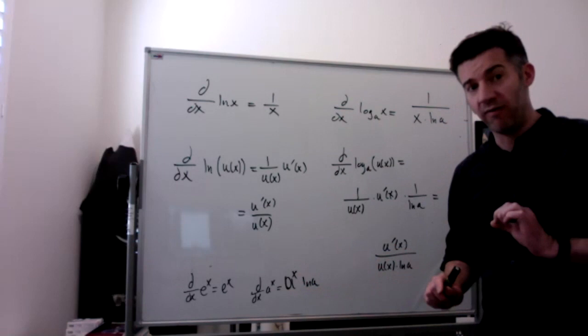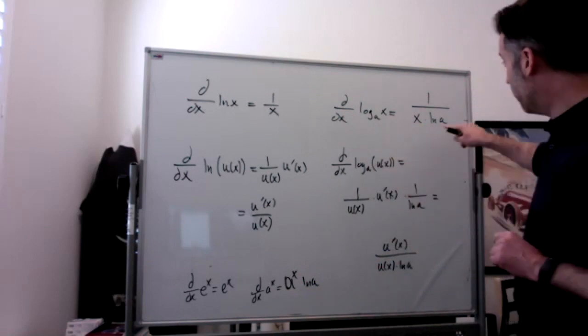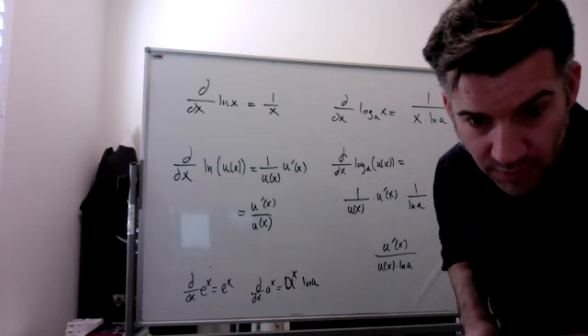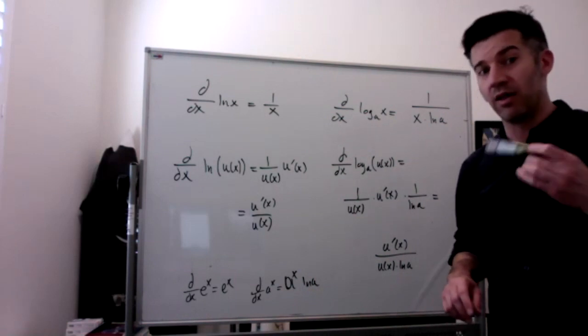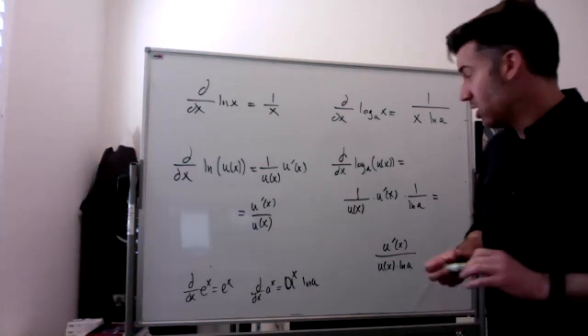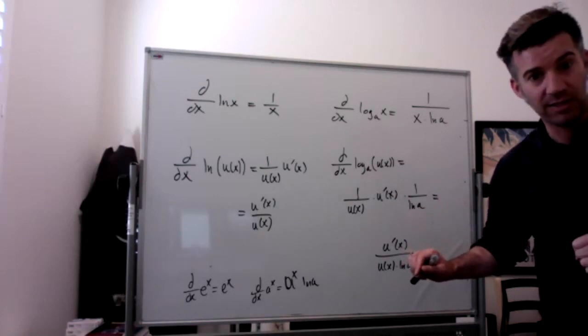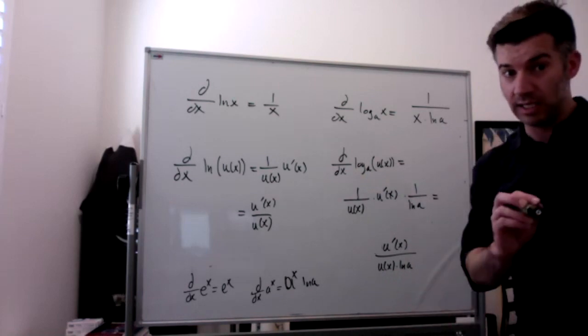When you take the derivative of a logarithmic function with a different base, you divide by the natural log of that base. Yes, when you're taking the derivative of a log with a different base, your answer is going to have the natural log of that base, which is just log base e.